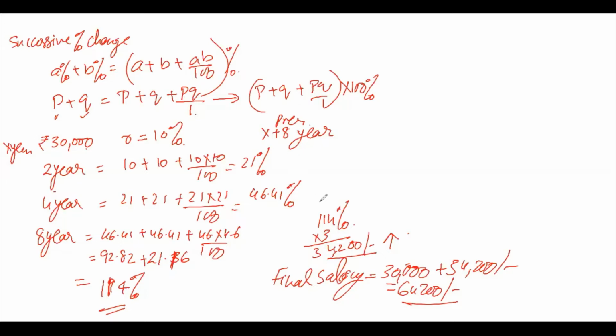It is given that the 30,000 salary is increased by 114%, so I cancel out these things and then multiply. 34,200 is the increment, the growth. The effective salary will be, you add 30,000 to this. This is only the growth, this is the increment. So if I add it to 30,000, the effective salary will come.